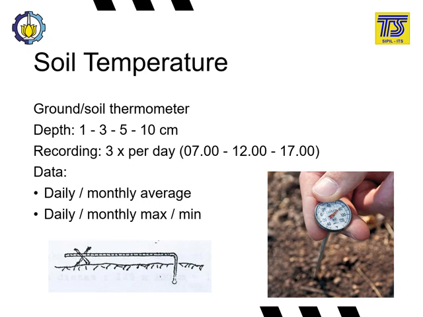The depth of the measurement is usually 1, 3, 5, and 10 centimeters. The data sometimes has a daily or monthly average. It can also be a daily or monthly maximum or minimum. So it depends on the necessity.